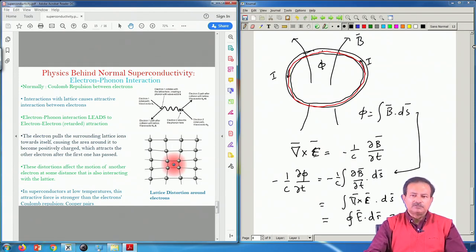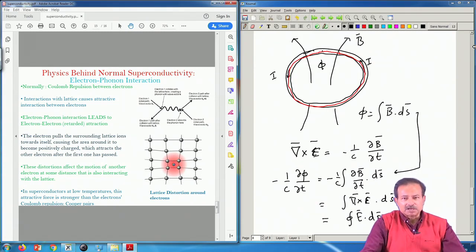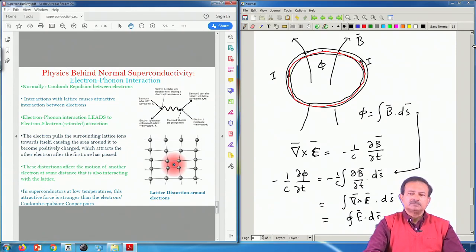Although it was realized that the superconducting mechanism involves the lattice vibrations, because remember the isotope effect, Tc goes as 1 over root m, which told us already that the frequency of the lattice vibration, which goes as 1 over root m, has to be involved in the mechanism that gives rise to superconductivity.